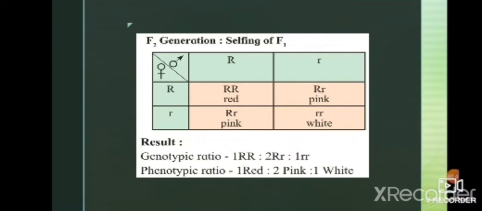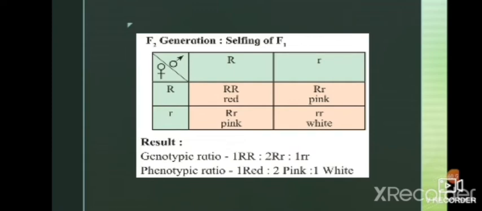is denoted by capital R, then the hybrid pink is denoted by capital R, small r, and the white flower is denoted by small r.